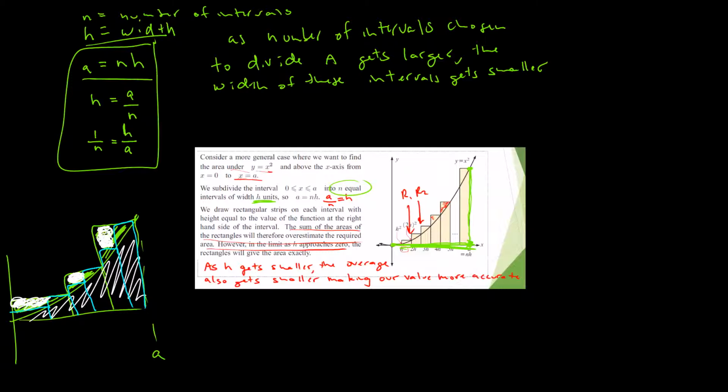Now I could keep doing that, but what you're going to see is that as we split A infinitely, the value that we find is going to be closer and closer. It's going to be more and more accurate to the actual value of the area.